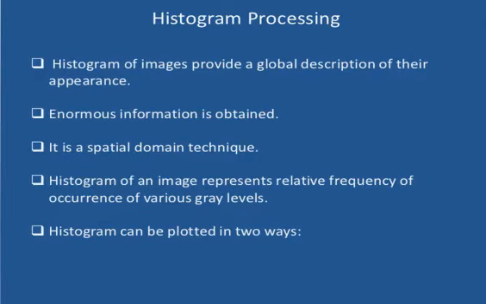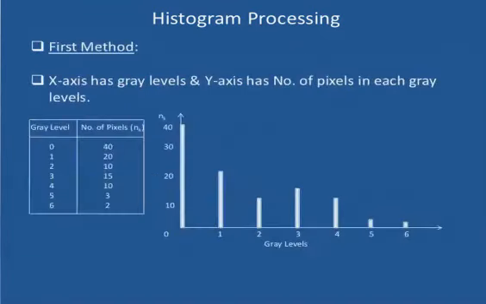Of course, histogram of an image represents the relative frequency of occurrence of various gray levels, and histogram can be plotted in two ways. The first one is based on the formula H of Rk versus Rk, otherwise Nk versus Rk. So here take gray levels on x-axis and number of pixels in each gray level on y-axis.